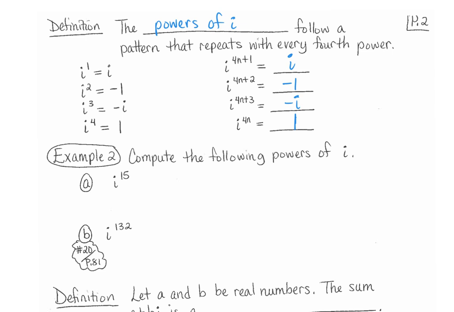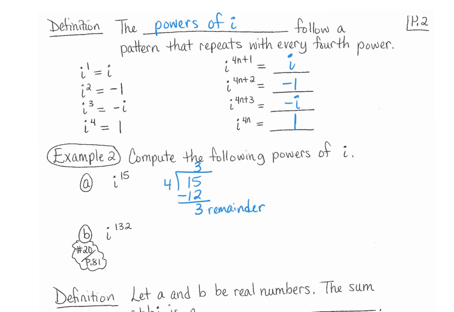Our ultimate goal is to see what our remainder is. 4 goes into 15 how many times? 3. So 3 times 4 is 12. 15 minus 12 is 3. So this is our remainder.